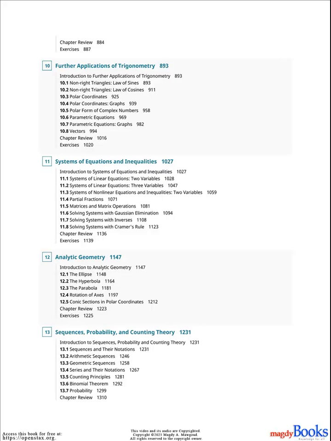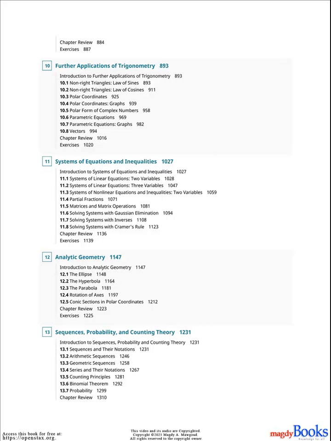Exercises. 11. Systems of Equations and Inequalities. Introduction to Systems of Equations and Inequalities. 11.1. Systems of Linear Equations, Two Variables. 11.2. Systems of Linear Equations, Three Variables. 11.3. Systems of Nonlinear Equations and Inequalities, Two Variables. 11.4.